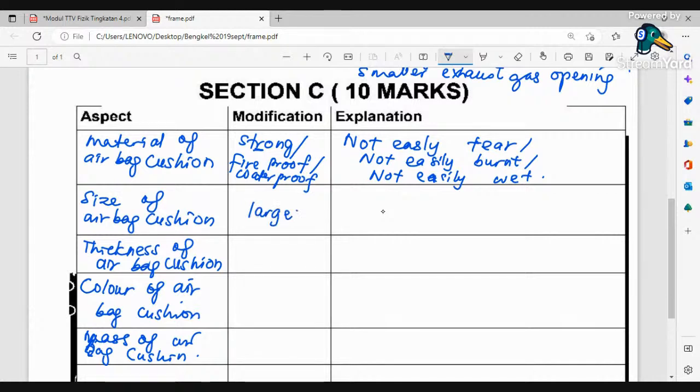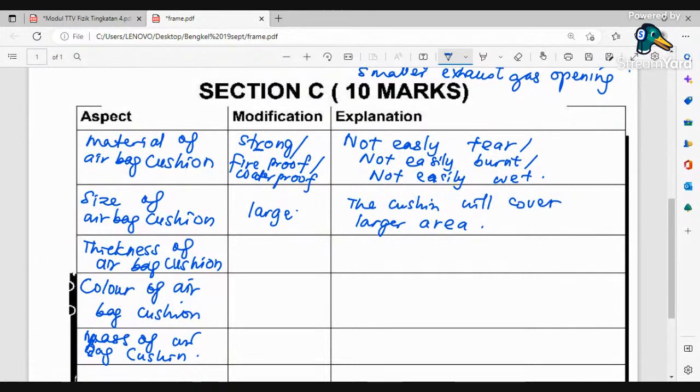Large. Okay, sebab dia nak the person will jump from very high place, so dia tak boleh nak spot kat mana nak jatuh. Kalau small, dia mesti large. Okay, so it will cover larger area.